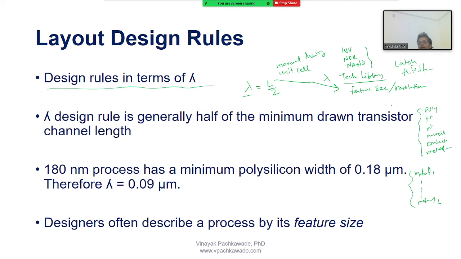So if you are good at understanding these things and quickly able to become an expert in manually drawing the layout, what's the purpose of having that knowledge and skill? Because you will be able to understand what this lambda rule is, and quickly know the size of your chip, of your unit cell, what is the length and what is the width.